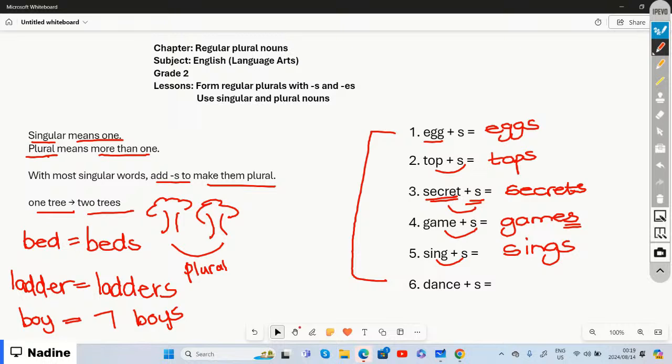And dance. If we add an S to the word dance, then it is dances. So well done.